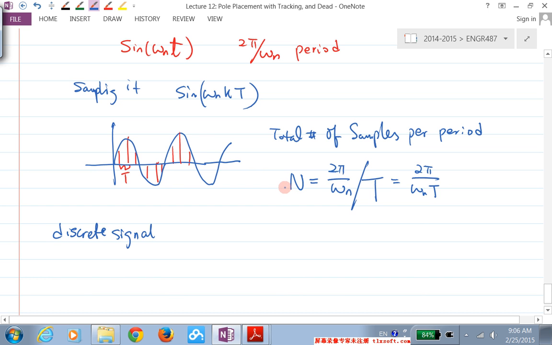You see what I'm saying, right? They will repeat themselves every N number of samples. For example, if you count 1, 2, 3, there are this many samples here, and it'll repeat every N samples.